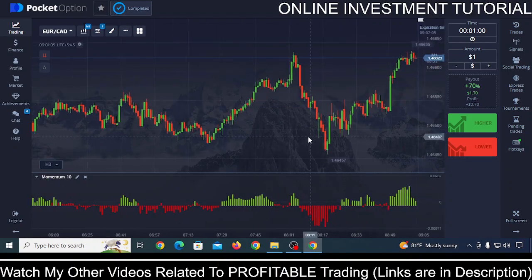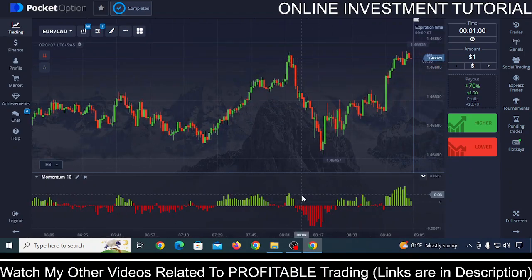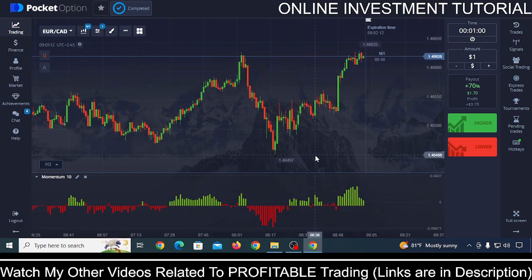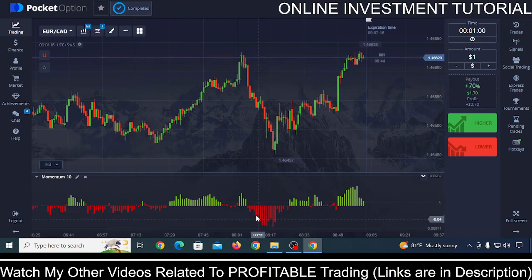That is the simplest thing. Most people do that and it is fine, but it will not give you the highest amount of accurate trades. To become accurate most of the time, as you can see here, whenever it is red it is falling down, and whenever it is green, it is trying to go up.